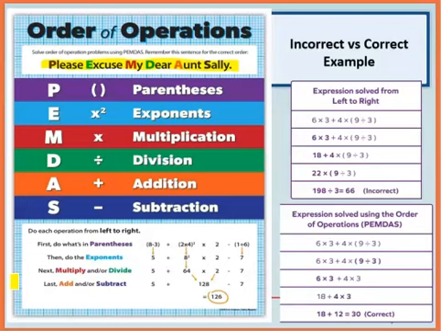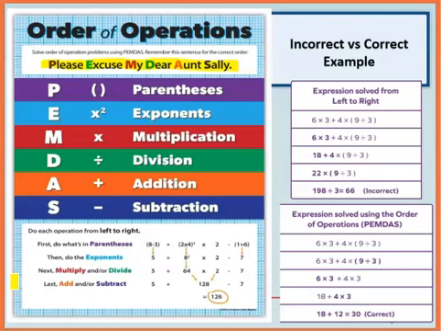So if you have parentheses in a problem, you're going to work anything in parentheses first. Anything with exponents is going to be worked next. Then multiplication, then division, then addition, and then finally subtraction. So you do everything from left to right, but you do it in the order of operations order.